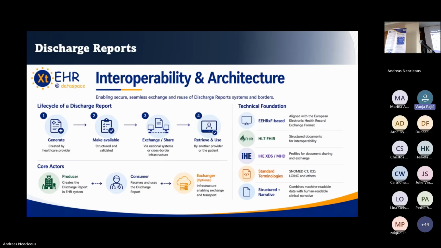With the hospital discharge report, one of the crucial things and one of the specificities of this priority category is that it has quite a long life cycle, meaning that the discharge report needs to be able to capture everything that goes on with the patient from the point in time when they are admitted to a treatment facility, say a hospital, until the end of that treatment episode.